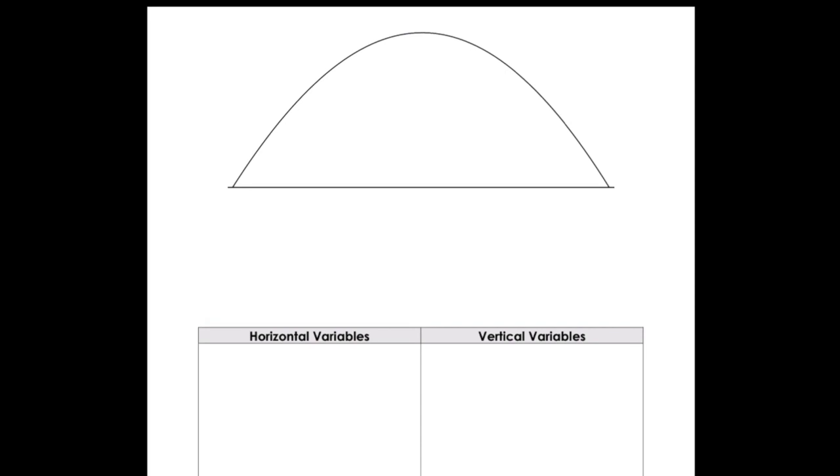Let's start with the horizontal variables. Our first horizontal variable that we're going to label is delta d of x, the horizontal displacement. This is known as range. It's just how far the object travels horizontally.